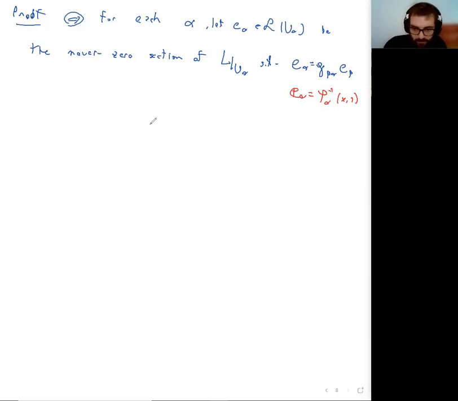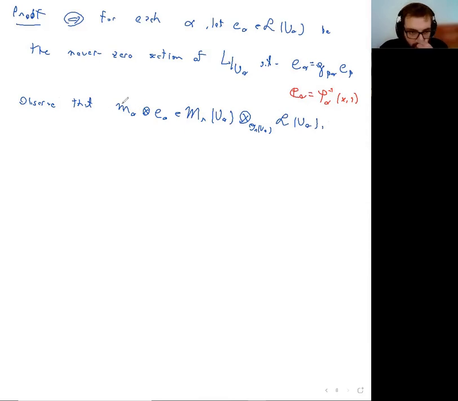Okay. And another thing that we observe is that m alpha tensor e alpha is of course a section here. Okay, so by definition, m alpha is a section of this sheaf, and e alpha is a section of this sheaf. So this is well defined.